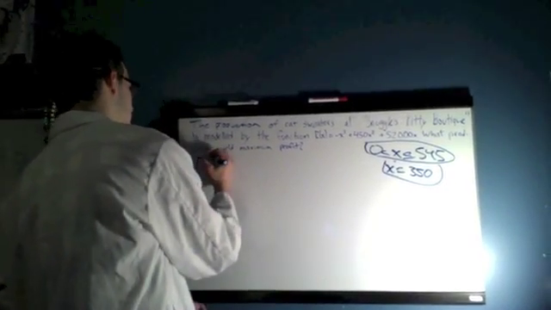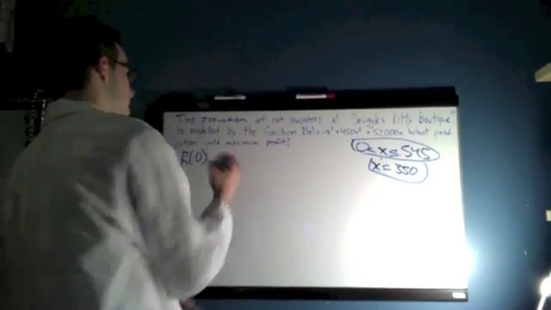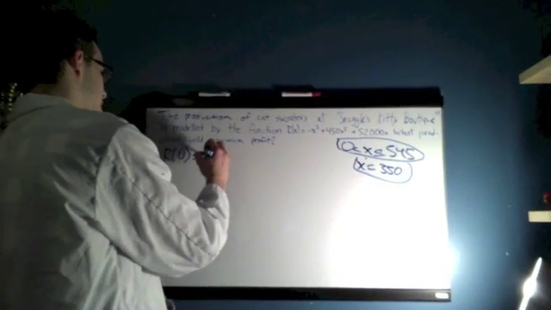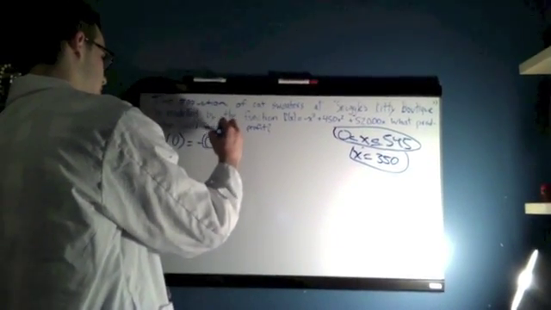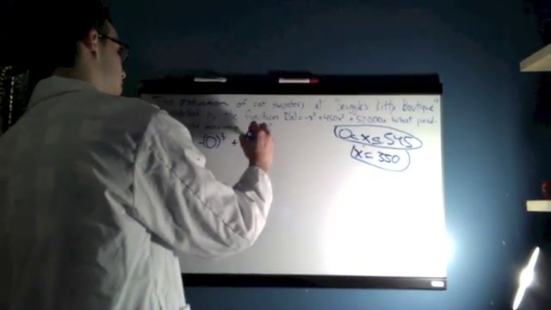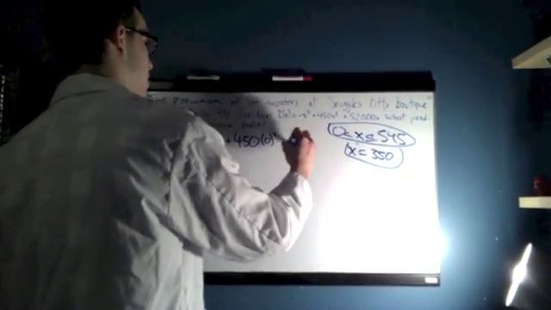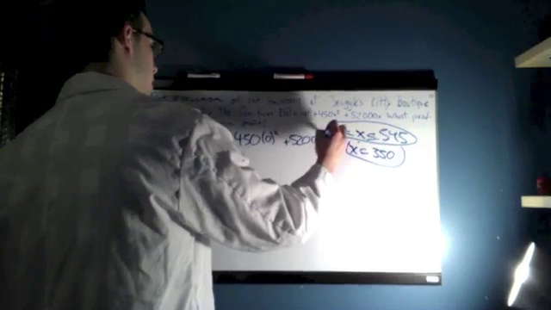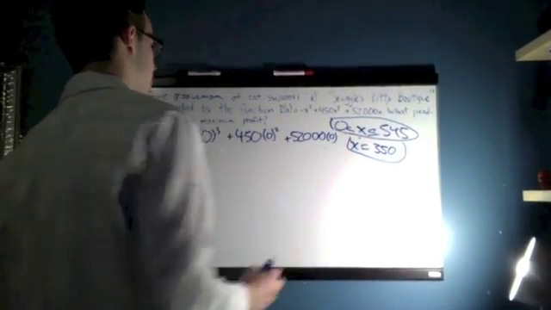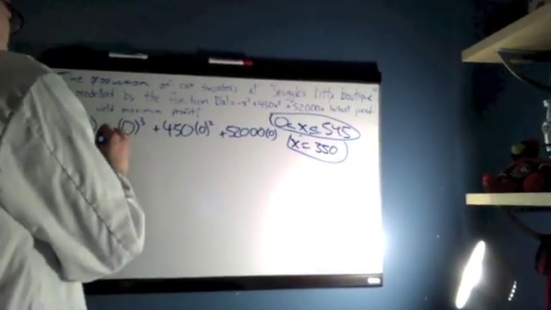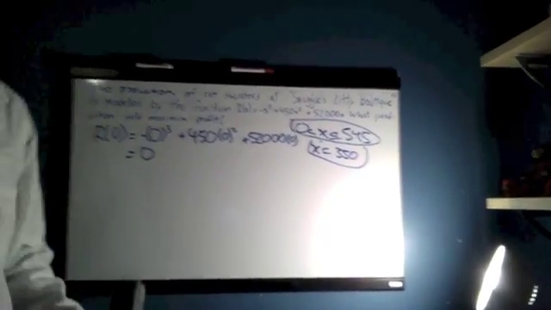So if we do r of 0, so if we find the revenue at 0, that's going to equal negative 0 cubed plus 450 times 0 squared plus 52,000 times 0. So 0 plus 0 plus 0, that's going to equal 0.